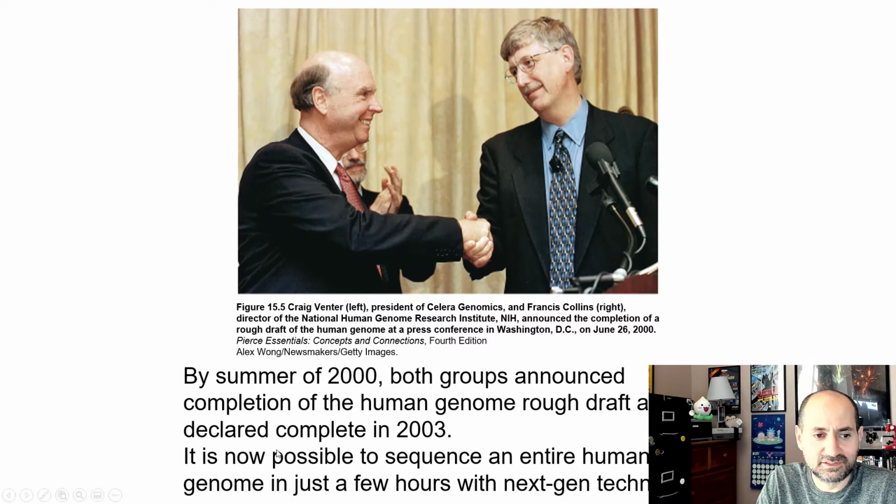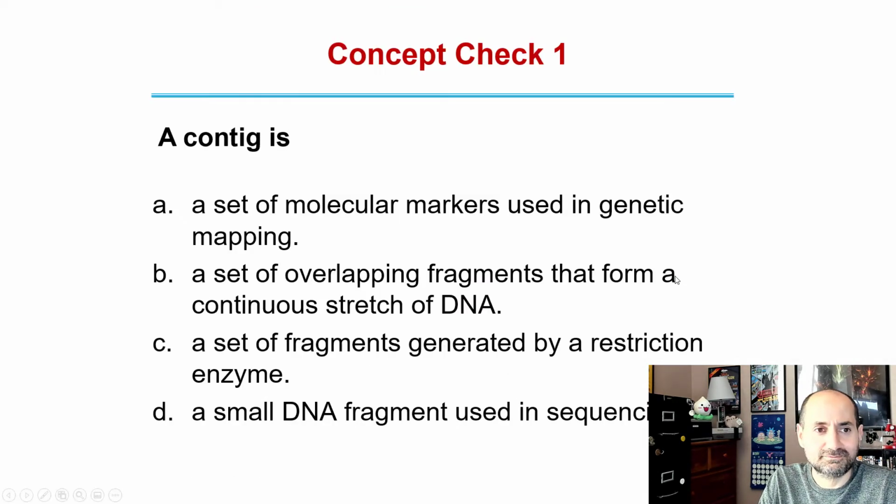And now, believe it or not, it is possible to sequence an entire human genome in just a few hours with next-gen techniques. So what took years before now takes hours. You know, when you send your DNA off to 23andMe, it's almost a novelty type thing. We're talking a few hours.